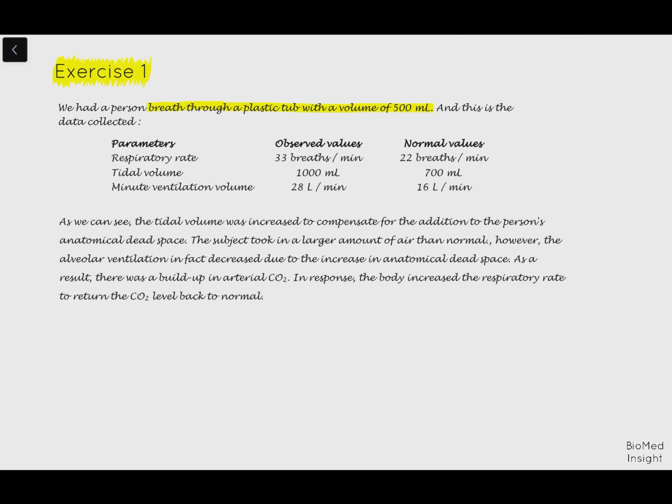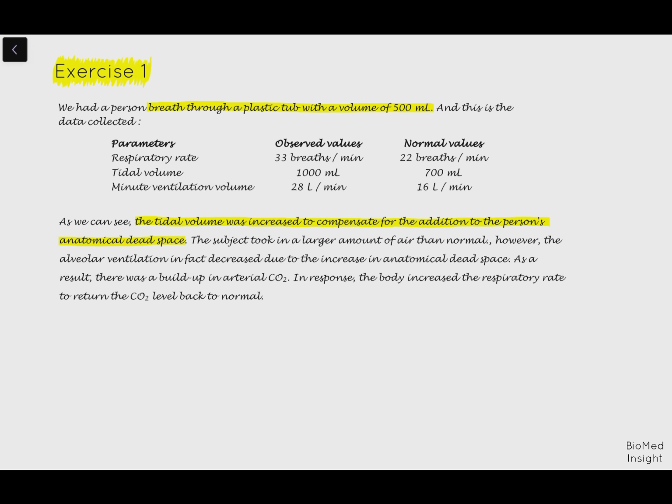We will now take you through a practical example to illustrate the theory we cover in this video. We had a person breathe through a plastic tube with a volume of 500 ml, and this is the data collected. As we can see, the total volume was increased to compensate for the addition to the person's anatomical dead space.